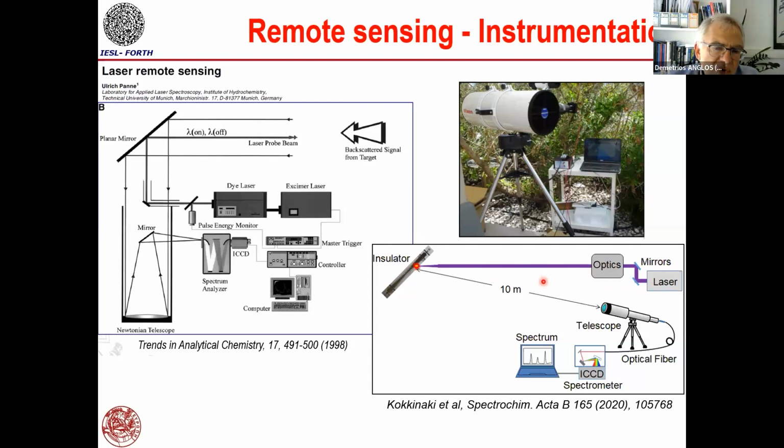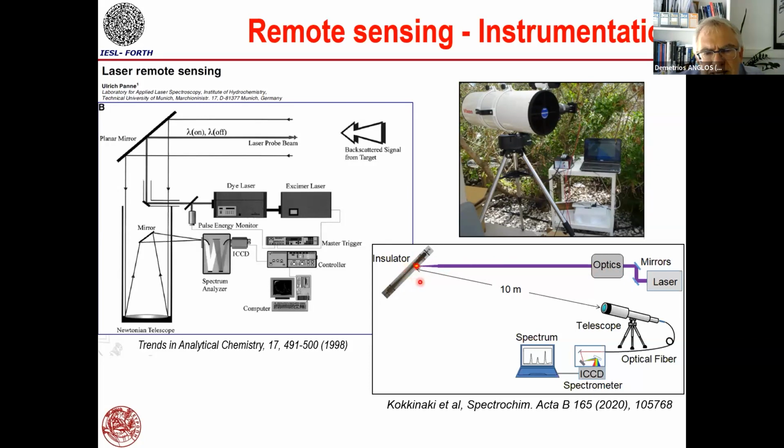This is basically for relatively short to medium distance applications, 10 to 50 meters maximum. So we do have a pulsed laser beam, for example. We adjust it with special optics, and we can focus it at a target further down, about 5, 10, 15 meters.